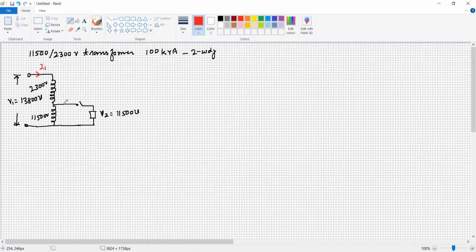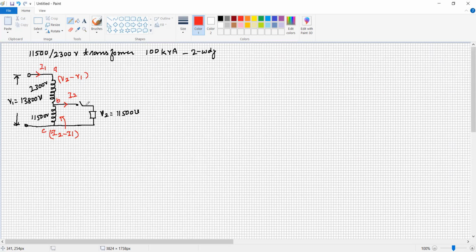Now this is the current I1. This is the current I2. Definitely, on the smaller voltage side, it is I2 minus I1. Here it is V2 minus V1. This part is A, this part is B, this point is C, and it is N2 minus N1.